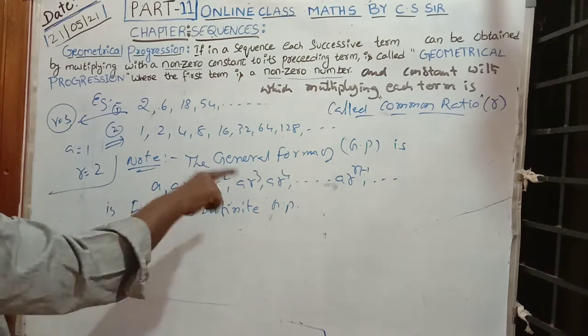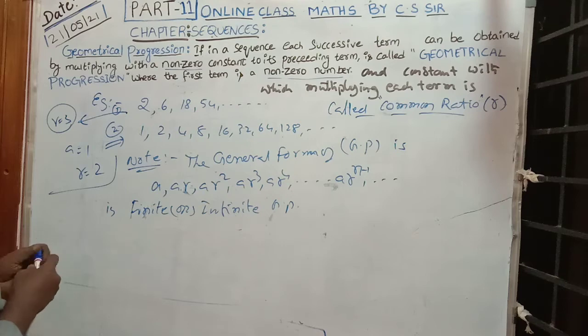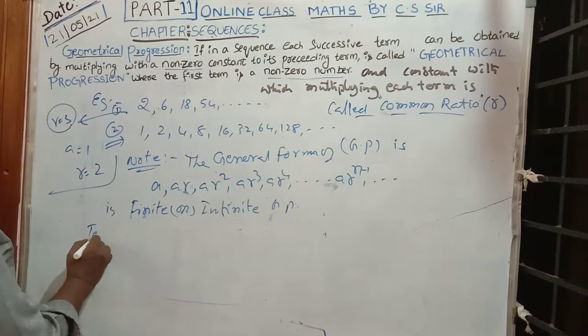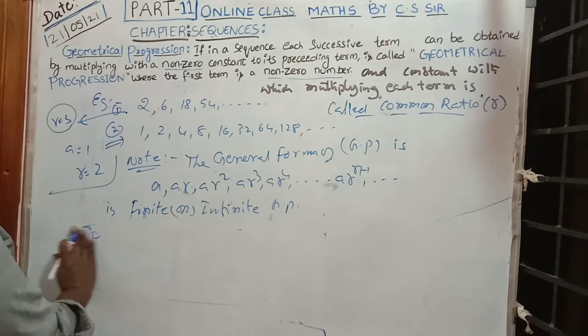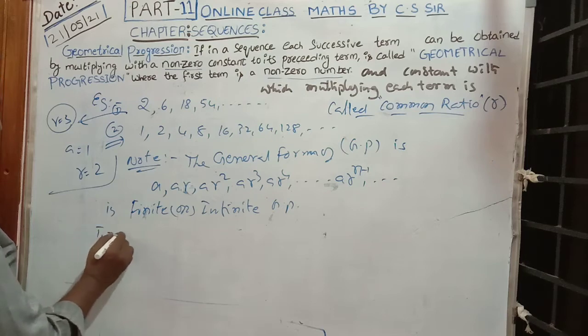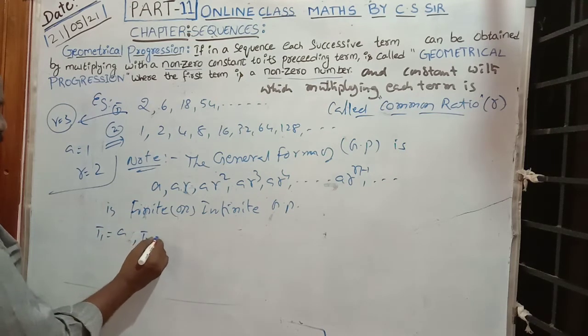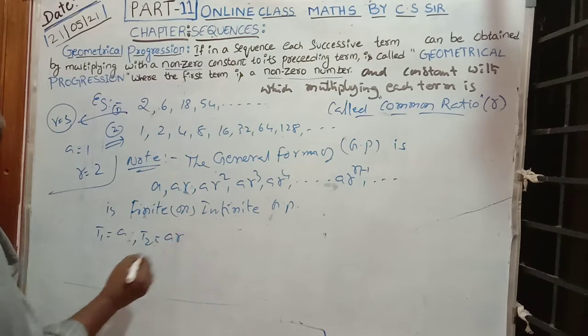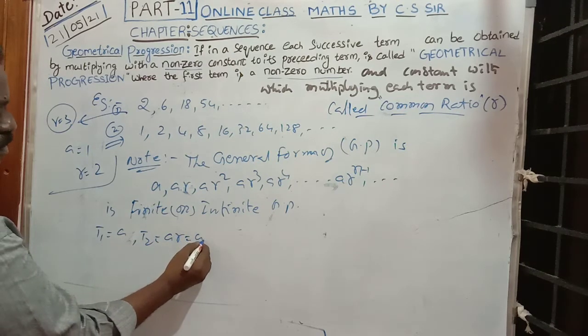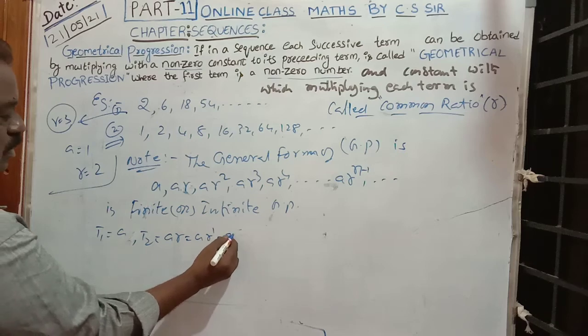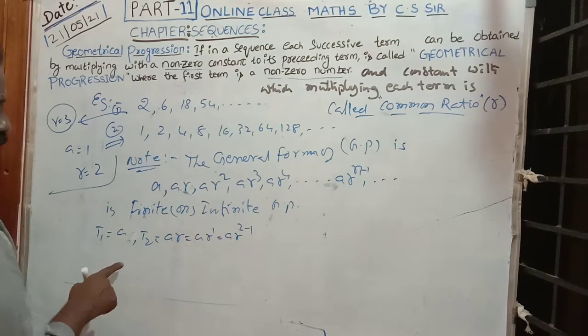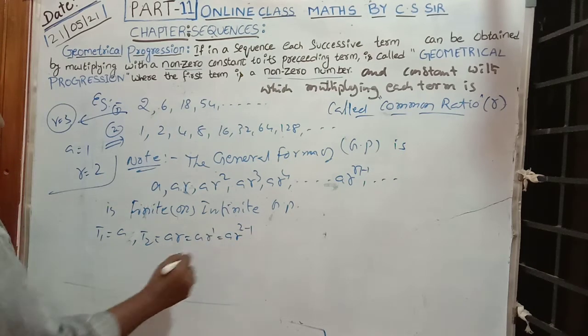In this general form of GP, the first term T1 is equal to a. What is the second term? It is ar, that is ar power 2 minus 1, so T2 means 2 minus 1.